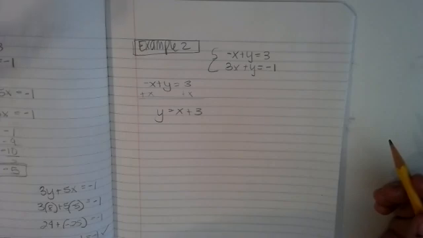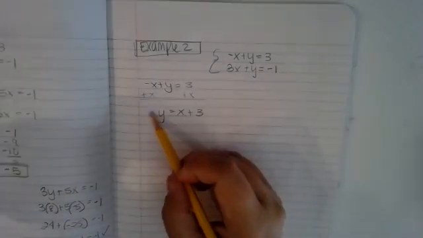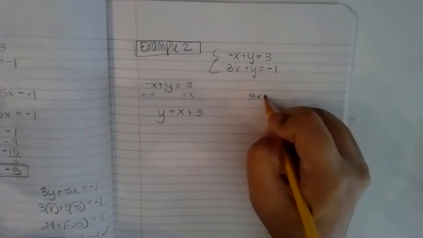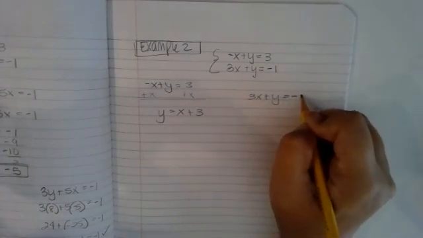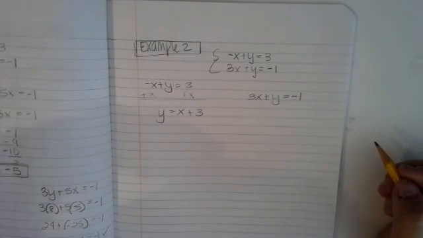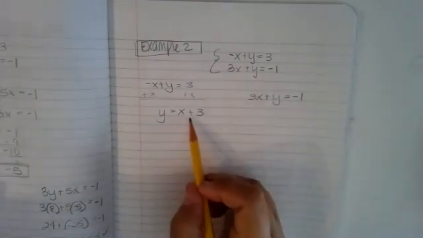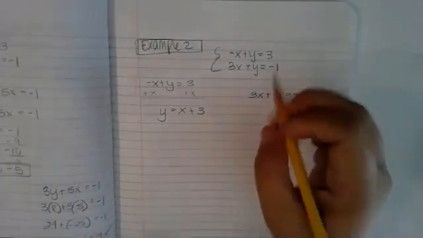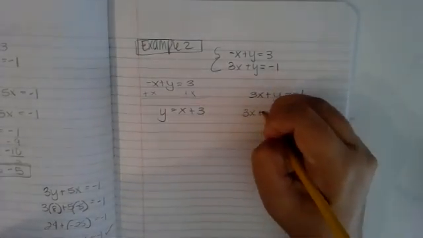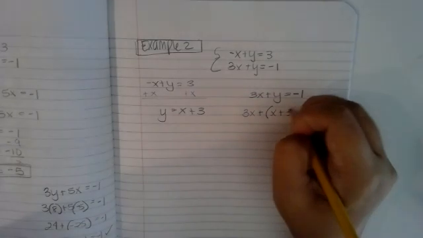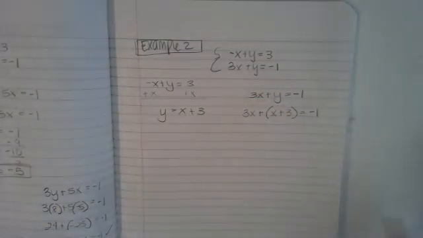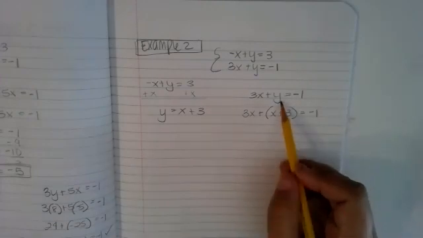Now I'm going to take this, and it is set equal to y. So I'm going to take equation 2, which was 3x plus y equals negative 1, and substitute x plus 3 for y because they're the same as each other. So then I have 3x plus x plus 3 equals negative 1. Okay, my parentheses is that substitution step.